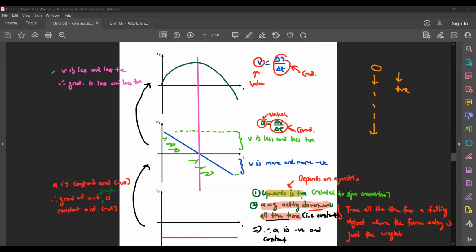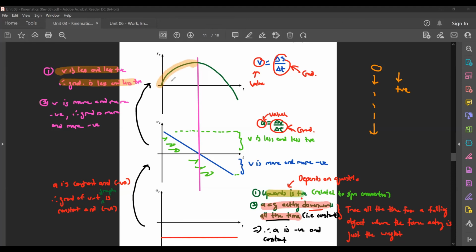This is one part. Say number one. Okay, this is number one. There's also another part where v is more and more negative. Therefore, the gradient is more and more negative. So part one listed here is referring to this.